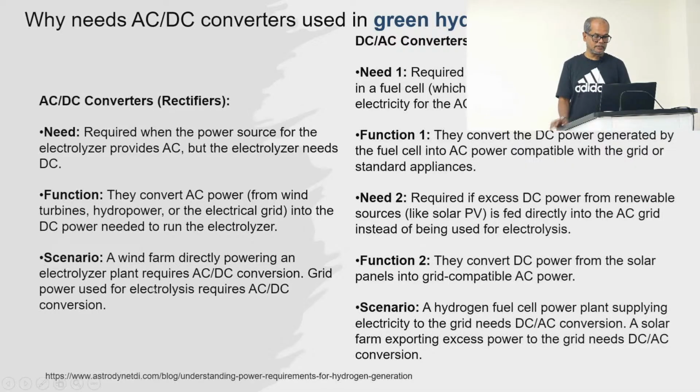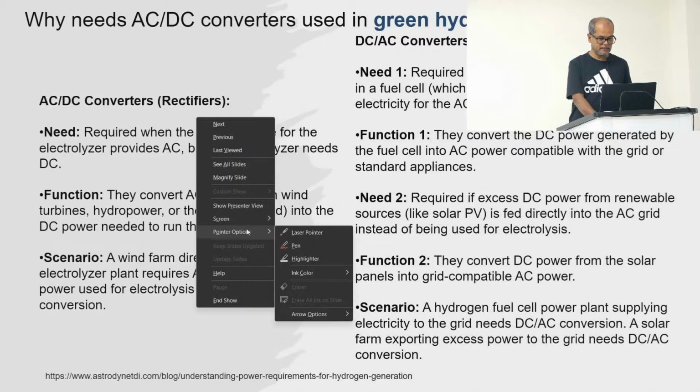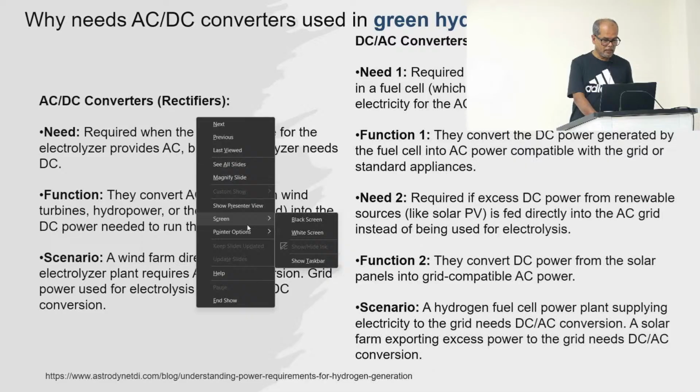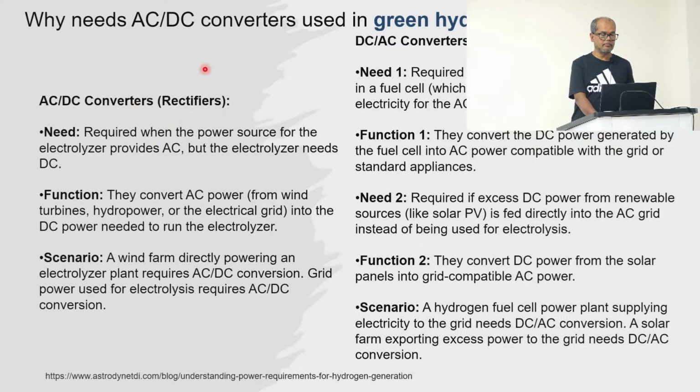But if you want to supply from a wind farm or any other source which produces AC, then definitely we need a rectifier. For the inverter, I already mentioned that from the fuel cell we produce DC, so we need an inverter. Also, if you have any energy storage system in the devices, you need an inverter as well.